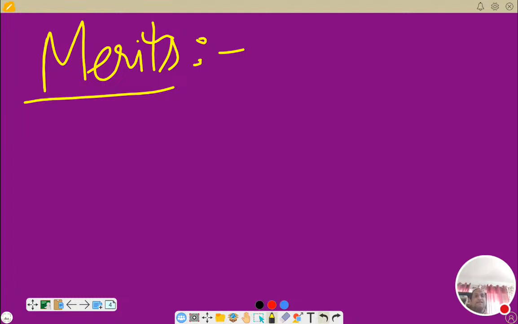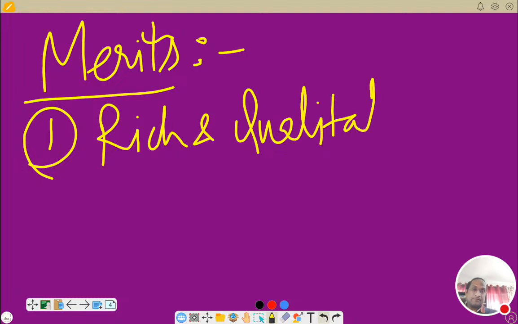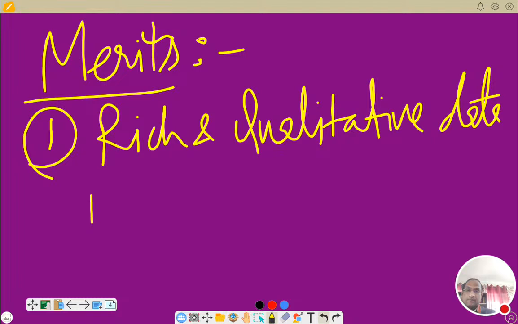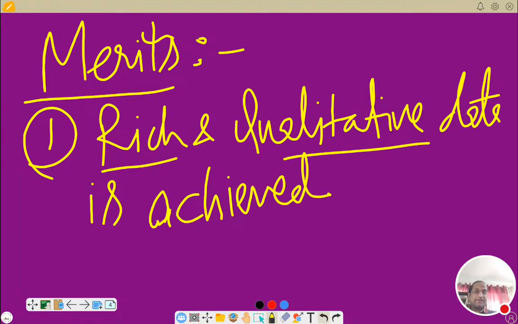That is why this data becomes rich. Rich and qualitative data is the foremost principle if we are doing any qualitative research.